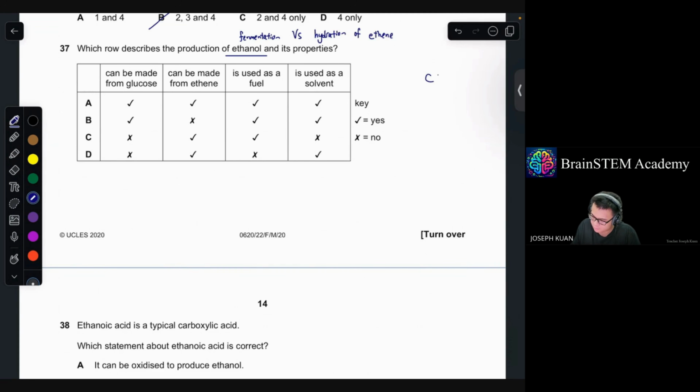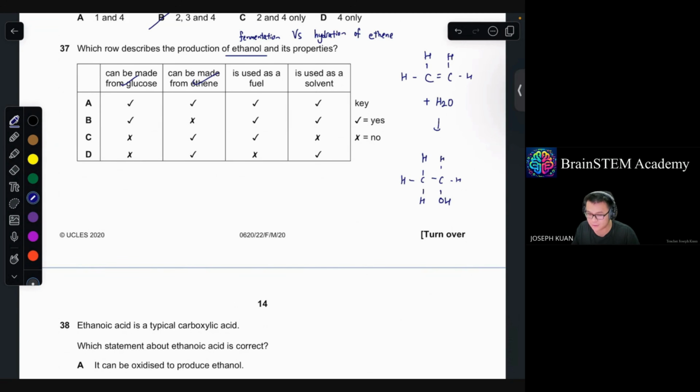If you observe the structure of ethene, you are adding a molecule of water to convert it into ethanol. So for the first and the second option, that will be correct.